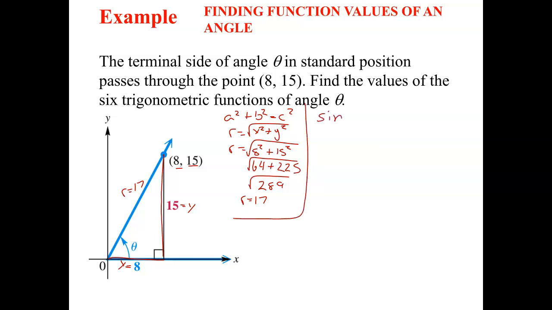Let's start with sine. Here's our angle. Sine is opposite over hypotenuse, so what side is the opposite? The y value. What's my y value? 15. And what's my hypotenuse? The radius, which is 17. There we got sine. What about cosine?